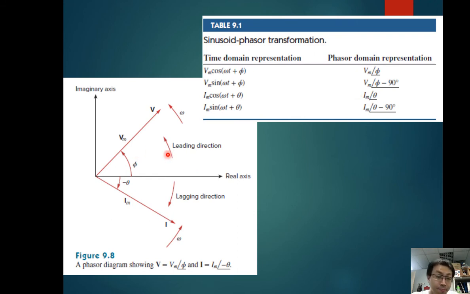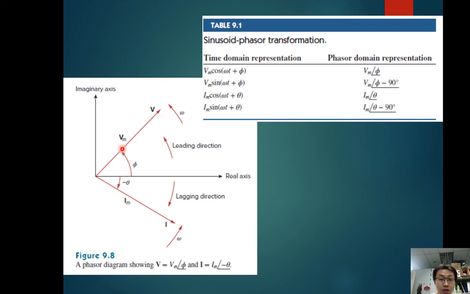And then a phasor diagram can be plotted. For example, we have V equals Vm angle phi, I equals Im angle negative theta. So I have a real axis, I have an imaginary axis. This is my V. This is my V vector. This is the length of the Vm.